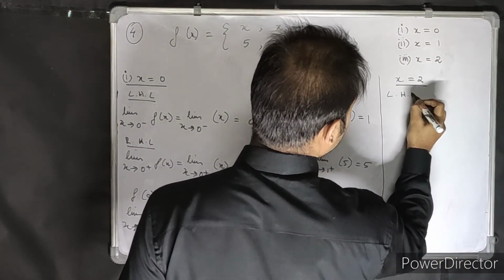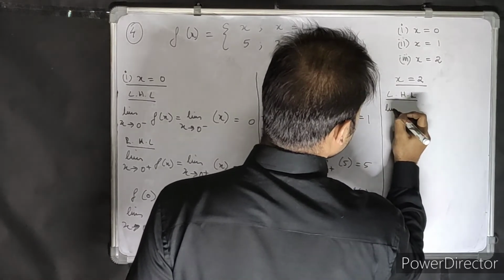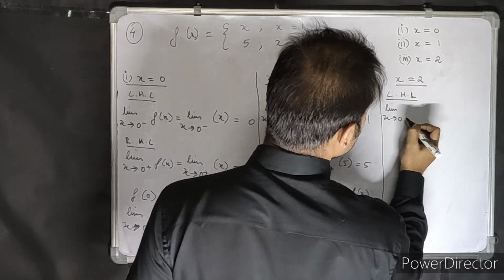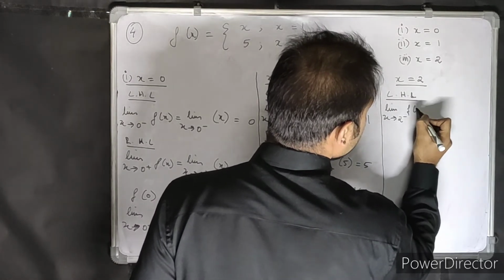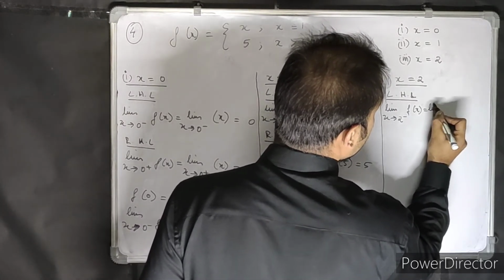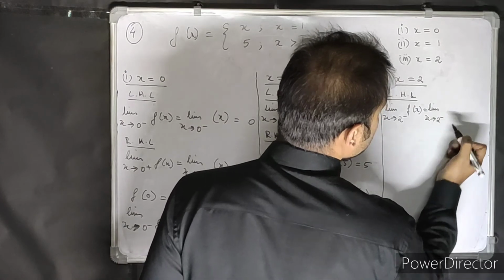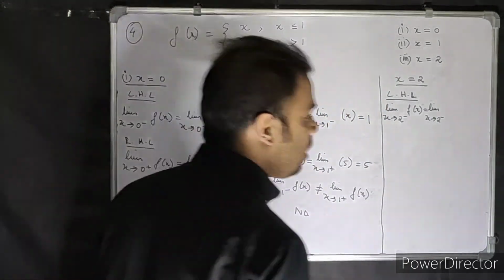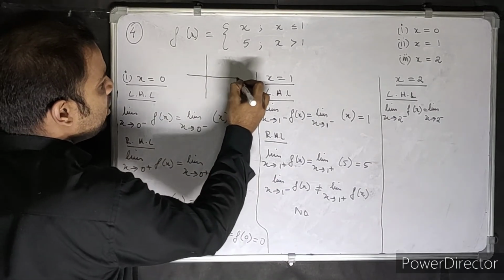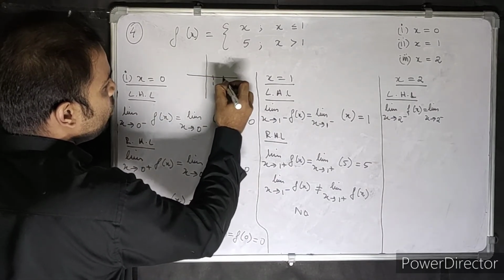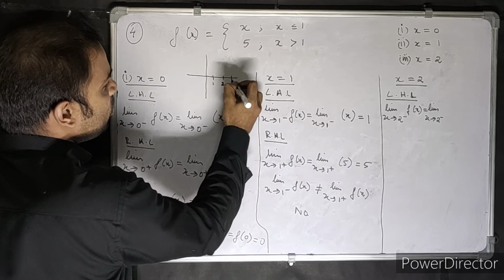So what is it? LHL, left hand limit, is limit of x tends to 2 negative, f of x. Now what are you going to use? Look, when you draw the graph, we are talking about the point 2.